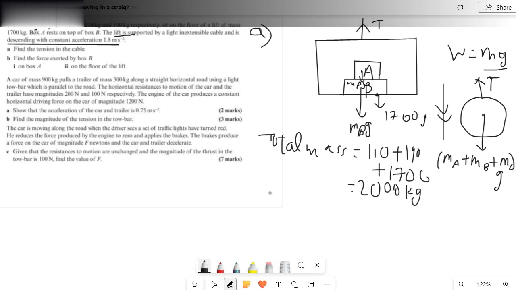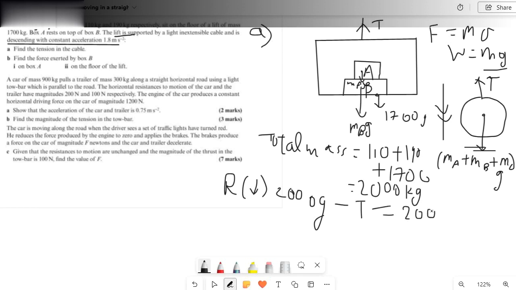And so resolving downwards from this diagram, because the resultant force is downwards, given by the acceleration being downwards, we can use the formula F equals ma, or resultant force equals mass into acceleration. So we will have the weight, which is 2000 g, subtracted by the tension given in the diagram, is equal to mass, which is 2000 again, into acceleration.